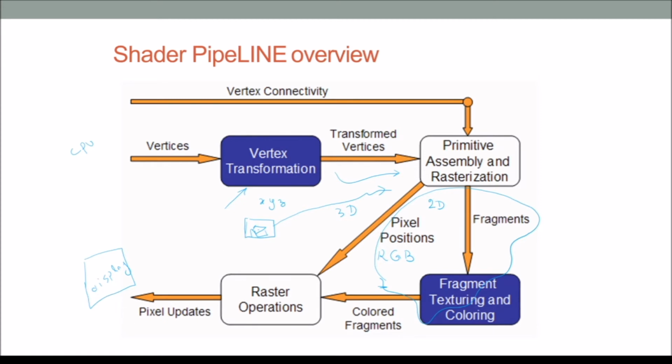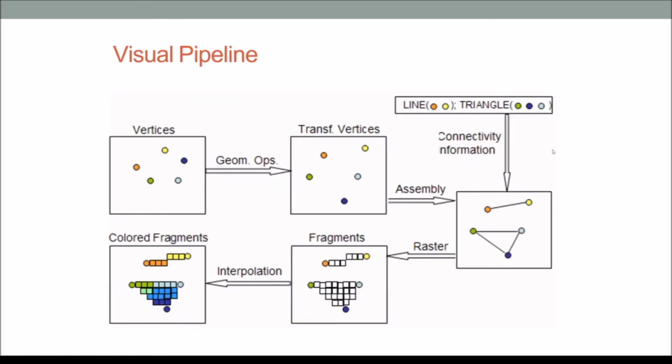That is the basic flow of how you take care of vertices and the colors, or the fragments. Let's move a little further here and show the pipeline on how we really work with vertices and the data that we are handling.